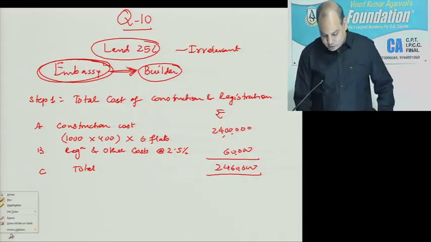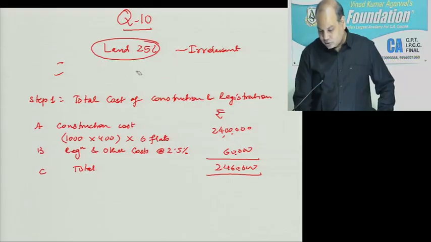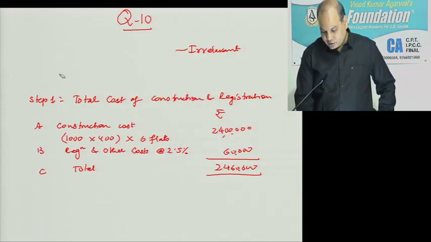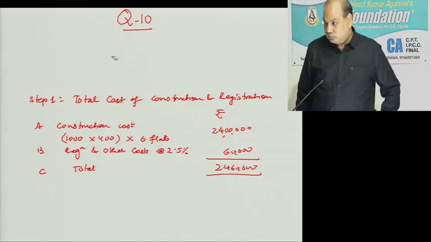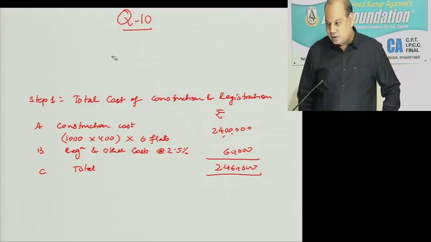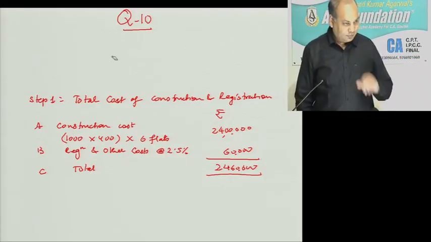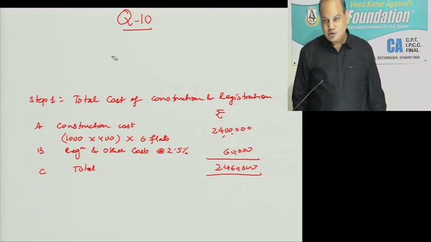Step 1, I will help you in one step. Calculation of total cost of construction and registration, in rupees. Point A: construction cost, 24 lakh.